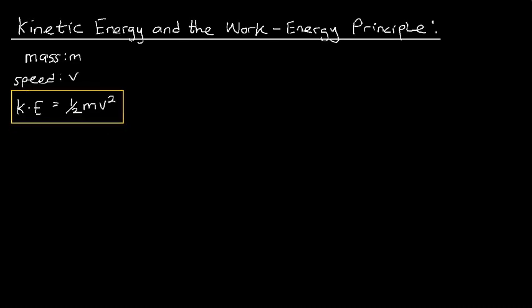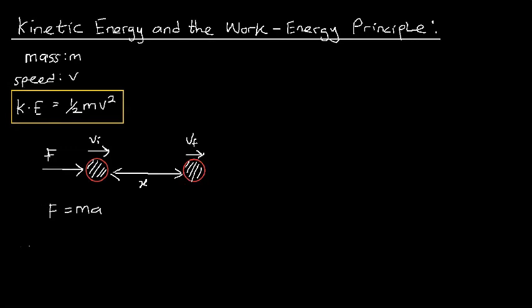To see the relationship between work and kinetic energy, let's consider a particle of mass m moving with an initial velocity vi, which is acted upon by a force F. This force F acts on the object through a displacement x and gives it an acceleration, changing its velocity from vi to vf, where vi stands for initial velocity and vf is its final velocity.